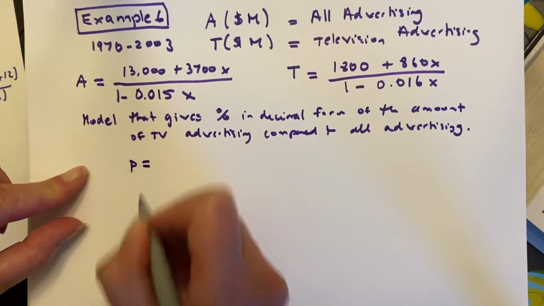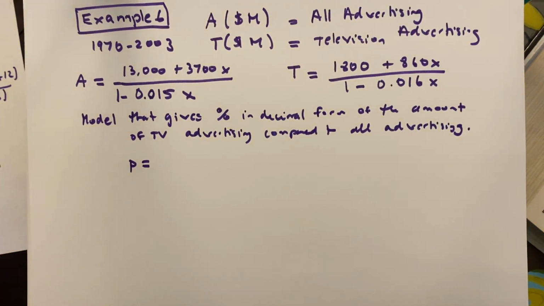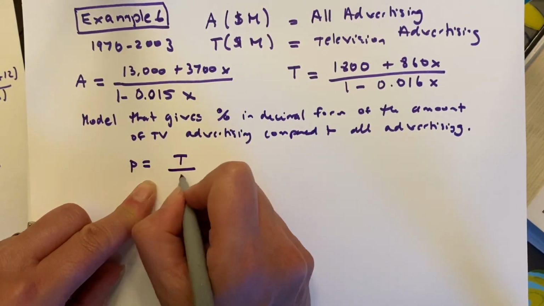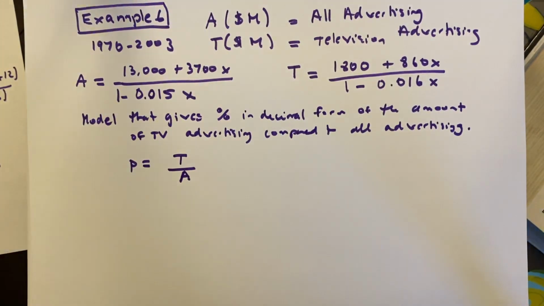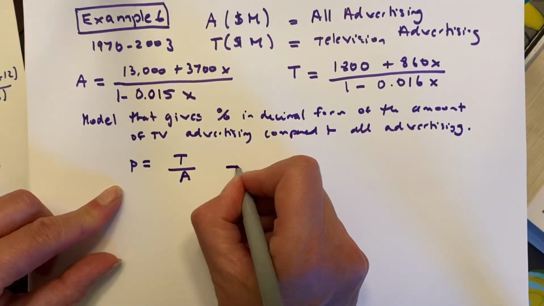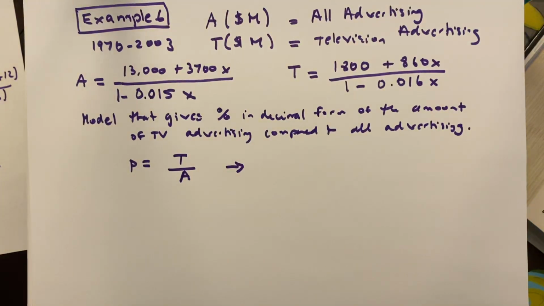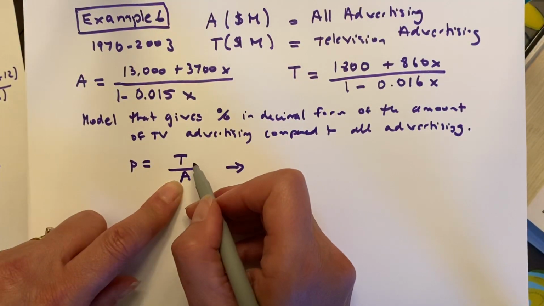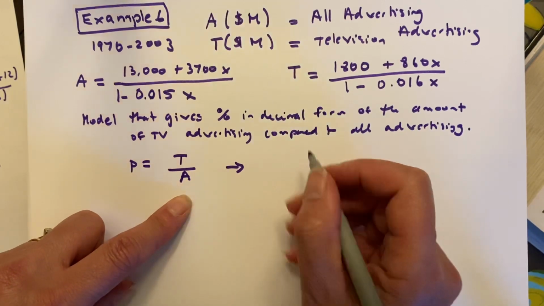We've done those before. It is going to be the amount of television advertising divided by all advertising. And so we have some models to use to find what that is. So we're dividing the television advertising over the total advertising.